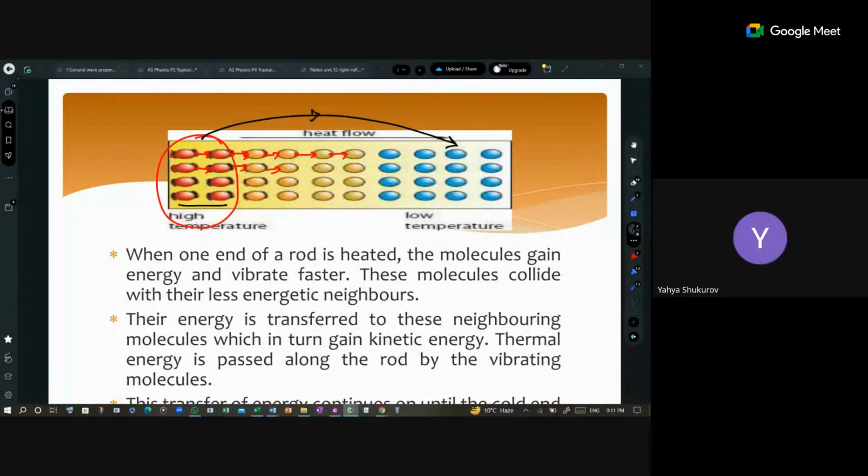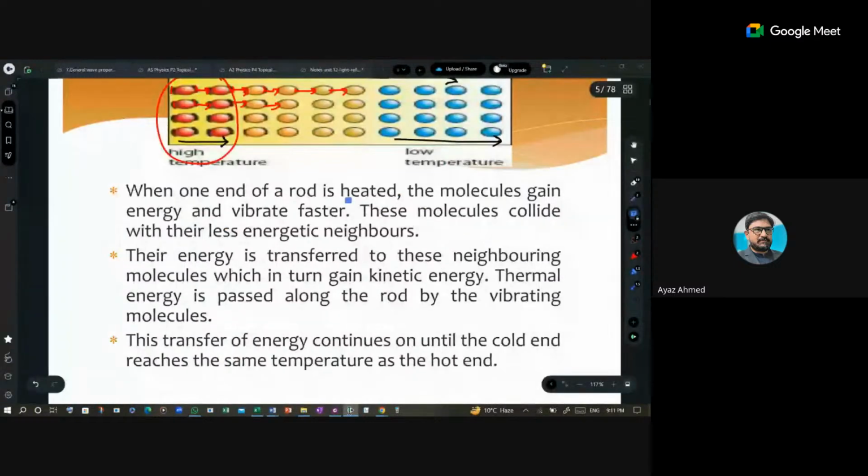Yes. I was saying molecules are moving from the hot body to the cold body. Basically, what happens when the molecules are getting heated? The molecules gain energy and vibrate faster, and these molecules collide with their less energetic neighbors, and that's why that energy is transferred, right?